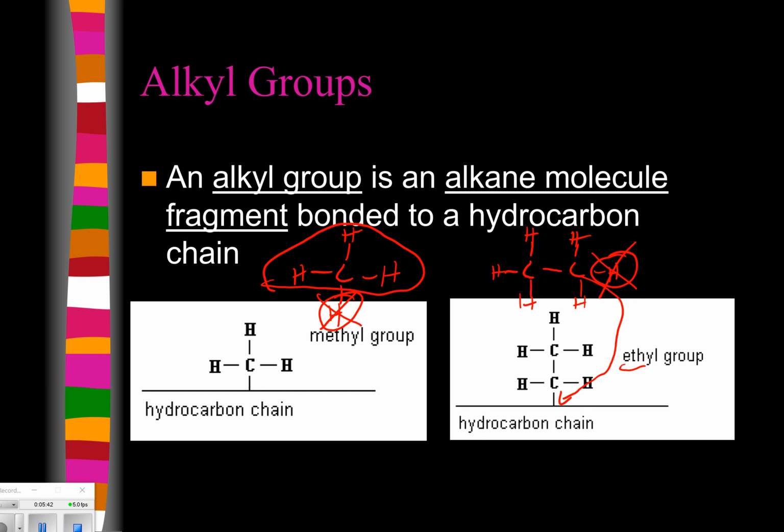And this can continue on infinitely. You can have methyl, propyl, butyl, pentyl, octyl, anything up to 10 carbons, which is really all that we cover that you're responsible for in this course. So those are our alkyl groups.